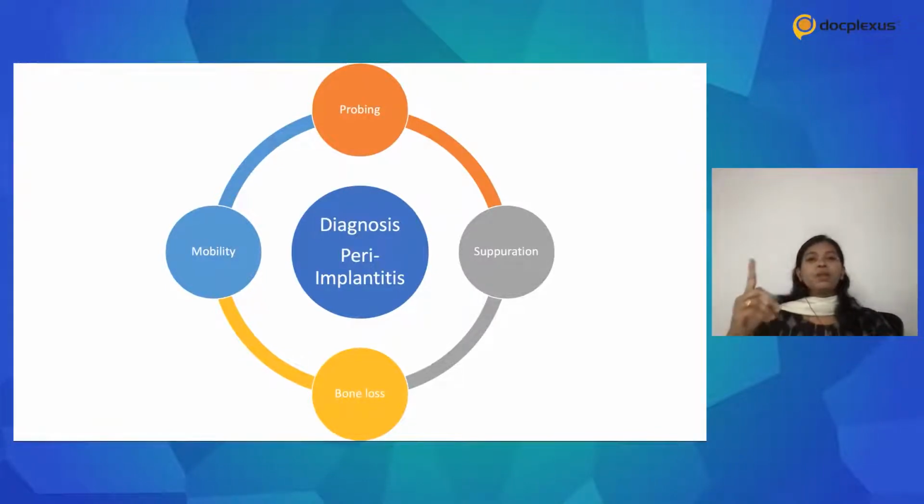Number one, probe: use a plastic probe or a titanium coated probe to probe around the peri-implant sulcus. Secondly, look for any suppuration or exudate around the implant sulcus. Next, in the radiograph, look for any bone loss. Apart from that, also look for mobility of the implants.